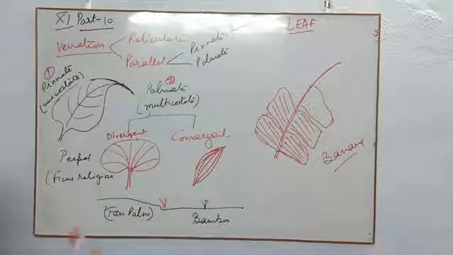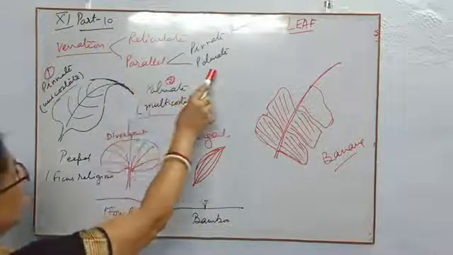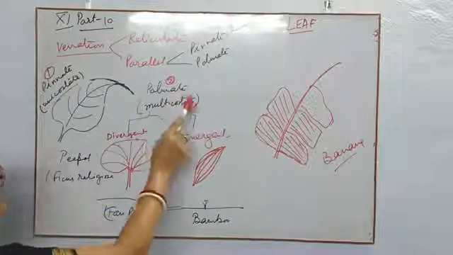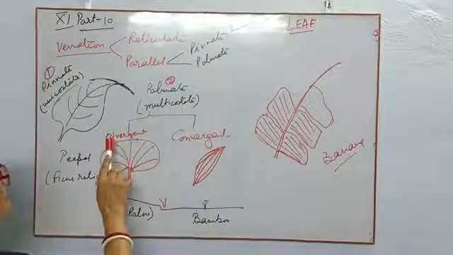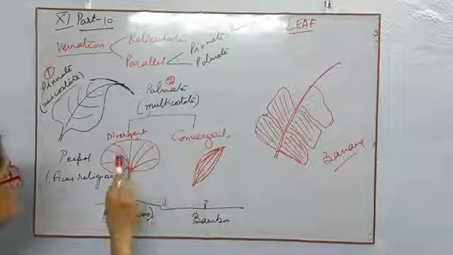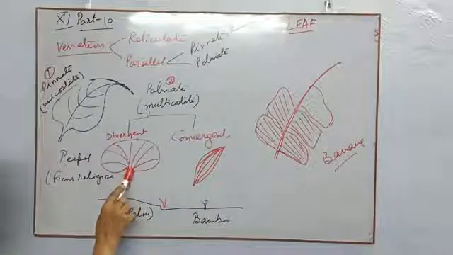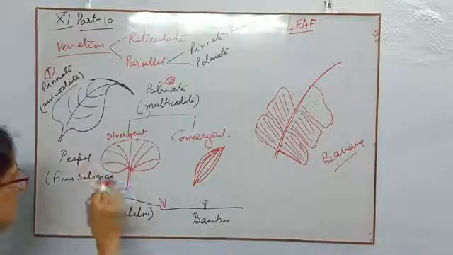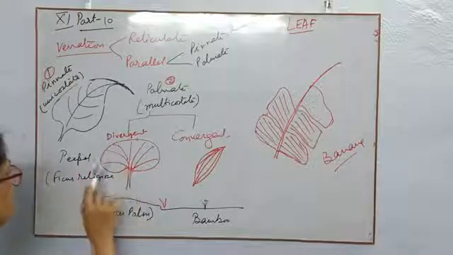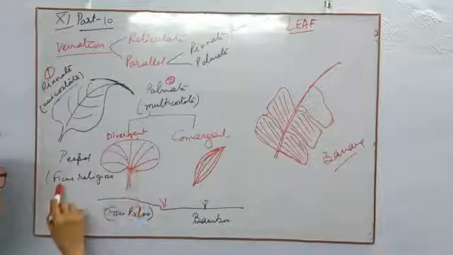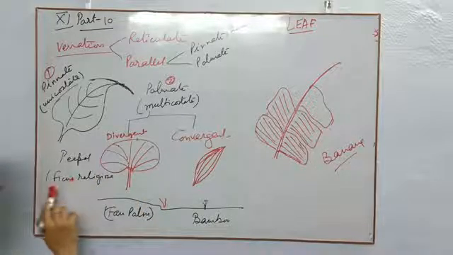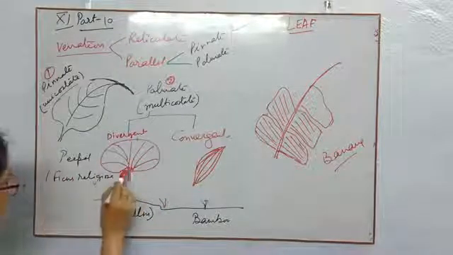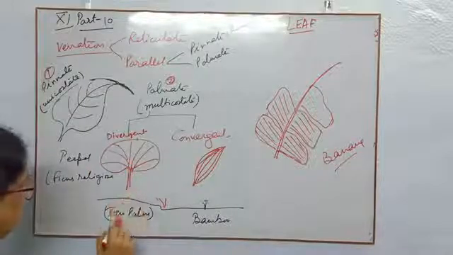So in the case of parallel venation, if it is palmate, palmate is again divided into multicostate, divergent and convergent. Multicostate means along with the midrib, all the ribs are arranged from one place, and if it is divergent, then they go outward from the main point. For example, fan palm.